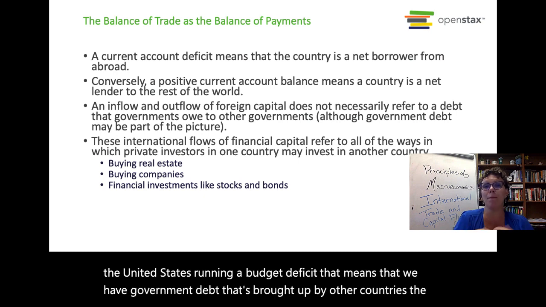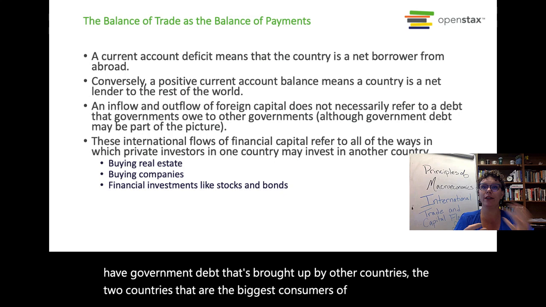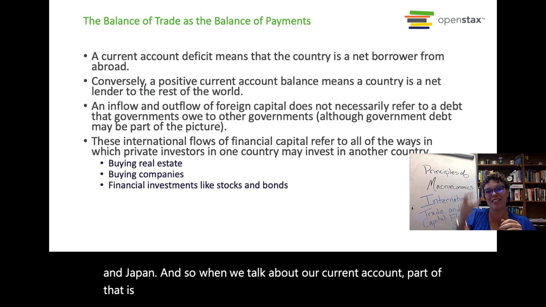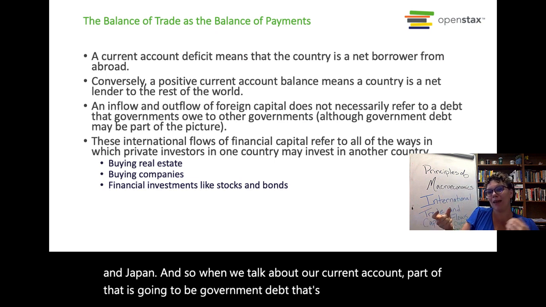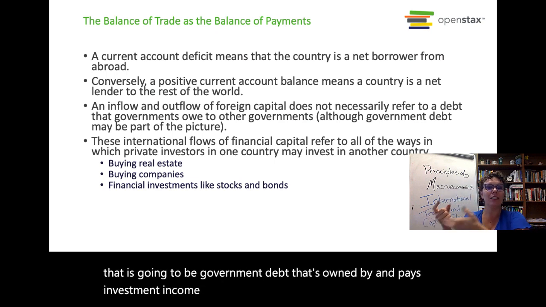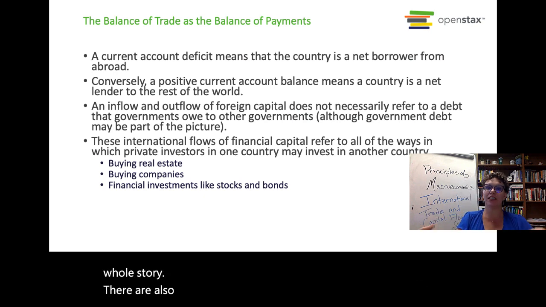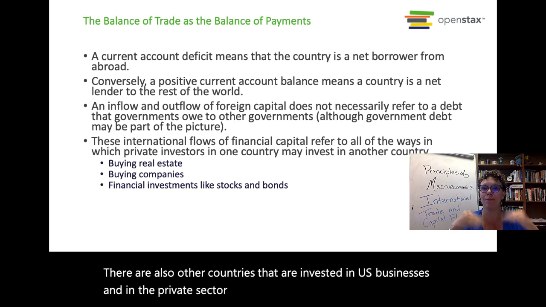The two countries that are the biggest consumers of US debt are China and Japan. And so when we talk about our current account, part of that is going to be government debt that's owned by and pays investment income to China and Japan. But that's not the whole story. There are also other countries that are invested in US businesses and in the private sector, and that plays a part of it.